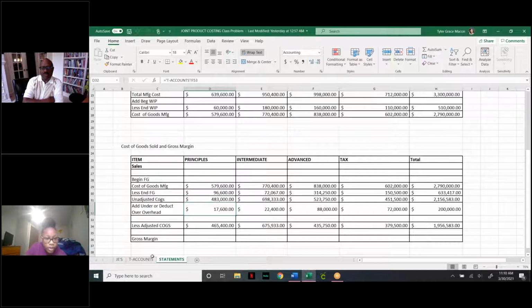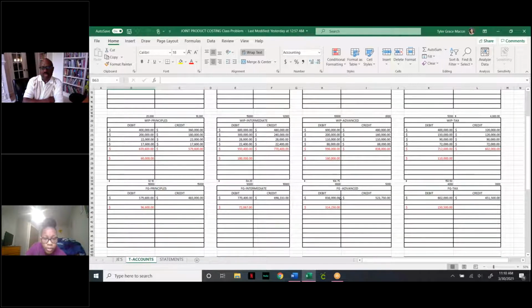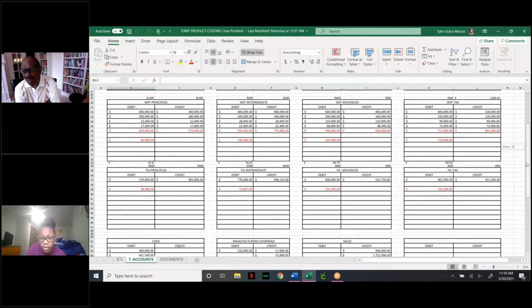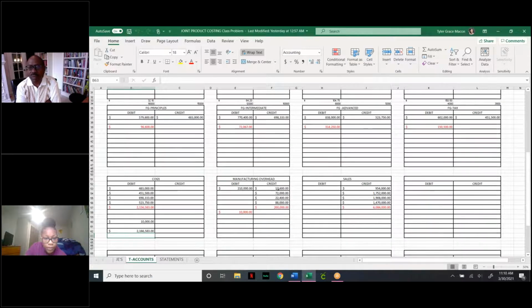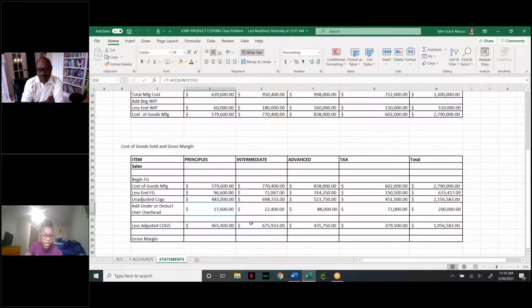And then the under overhead was from this T account, the manufacturing overhead T account. It is basically how much, if we either had an over or under applied overhead, we just put that here. Well, and then I subtract. What you would do, let's go back to that T account again.